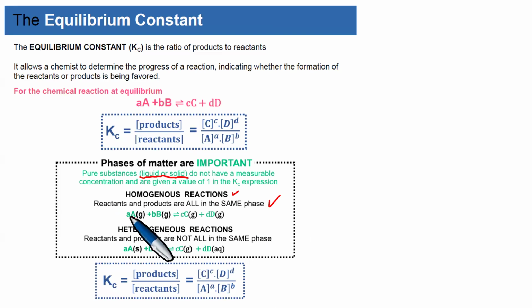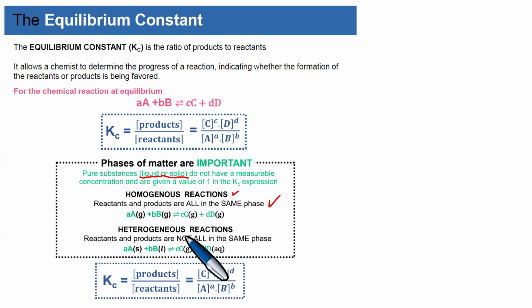Homo means same. So where you have aA plus bB in the forward and reverse, cC plus dD, and all of these are in gaseous states, this gives us an example of a homogeneous reaction, because all of these are gases.